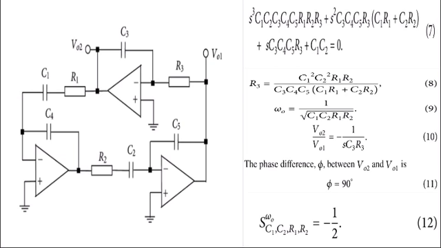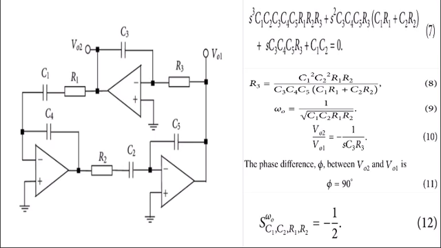And this diagram is the second proposed quadrature oscillator circuit. From this circuit, the characteristic equation can be expressed in equation 7.